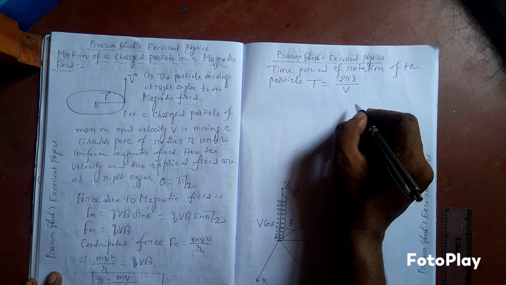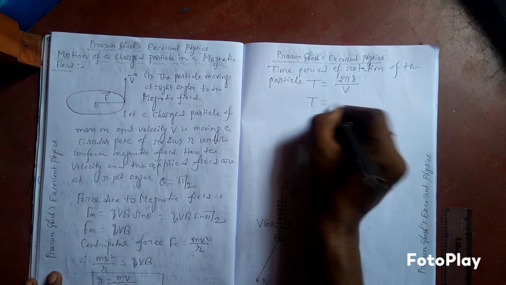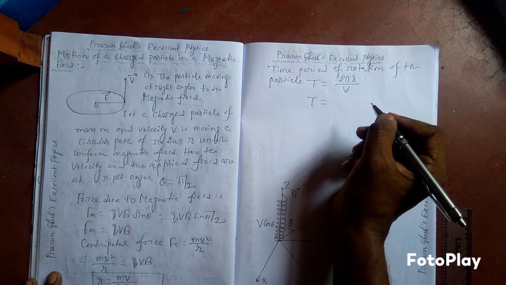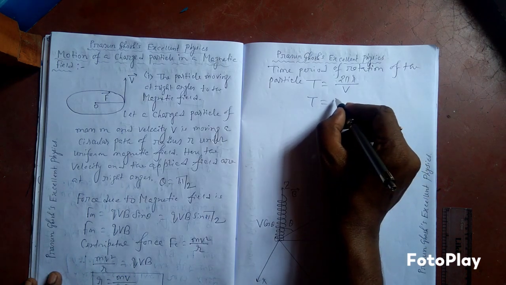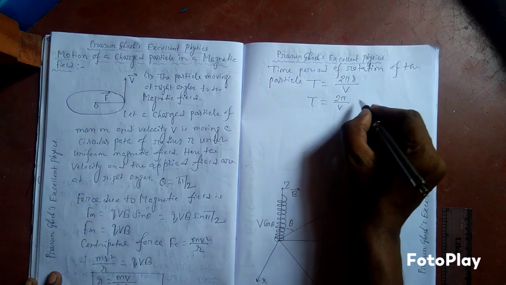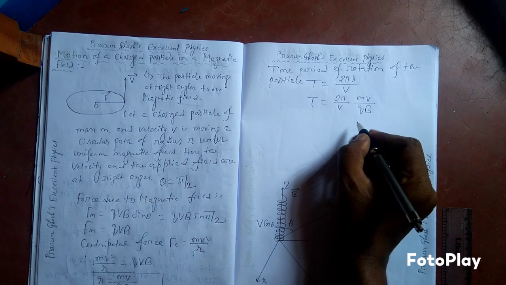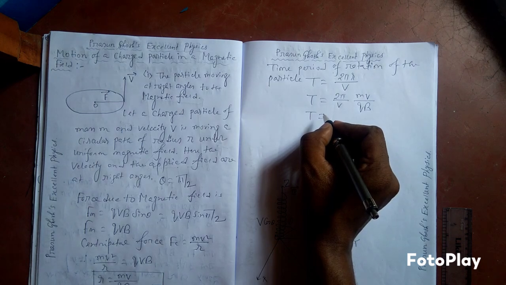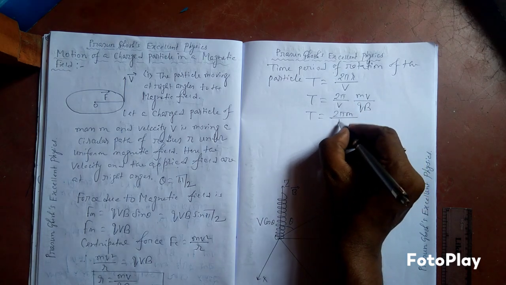So T equal to 2 pi by v, putting the value of r, that is mv by qB. So that is T equal to 2 pi m by qB.